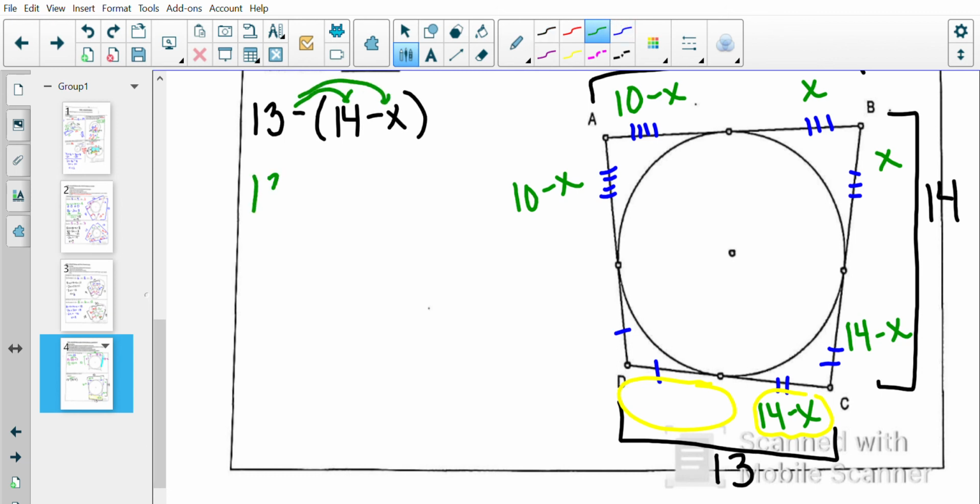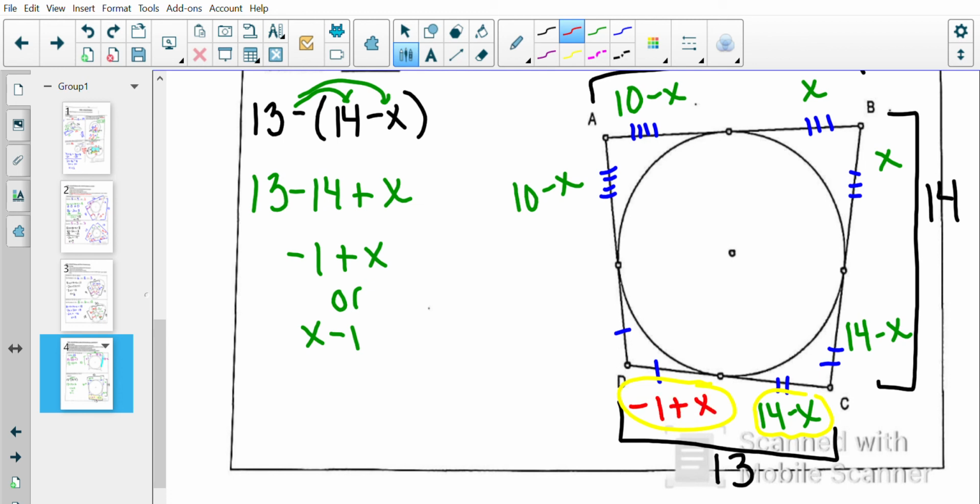So we're going to have 13 minus 14 plus X. What is this going to be? This is going to be negative 1 plus X, or if you want, X minus 1, however you want to look at it. So we will say D to the dot is negative 1 plus X, which means the other side of D is negative 1 plus X.